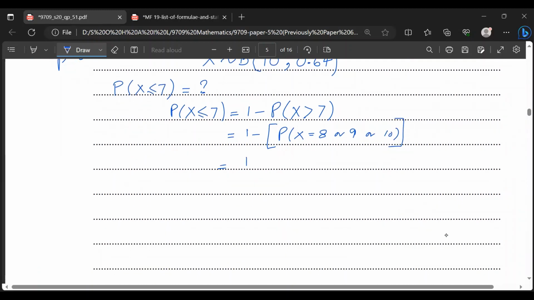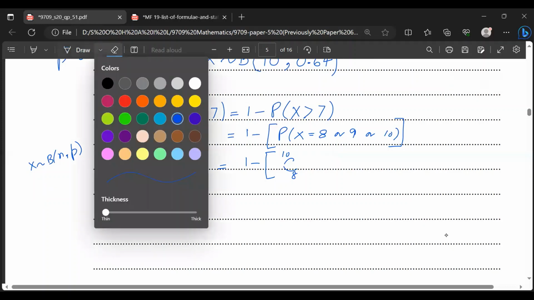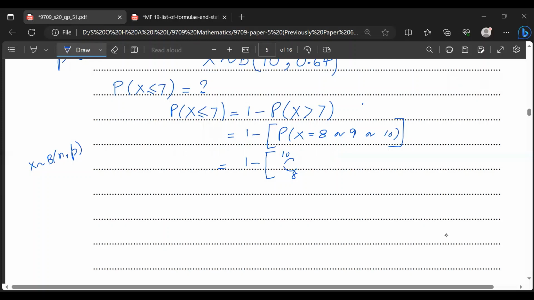So it is equal to 1 minus probability of X equals 8 plus 9 plus 10. The formula: if X has a binomial distribution with trials N and P, then the probability function is probability of X equals r is NCr P^r Q^(N minus r).